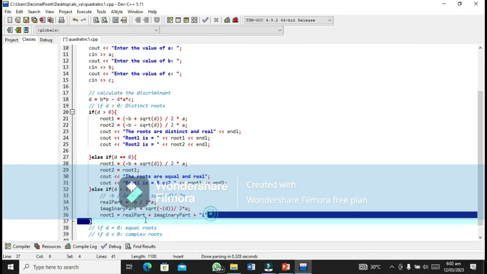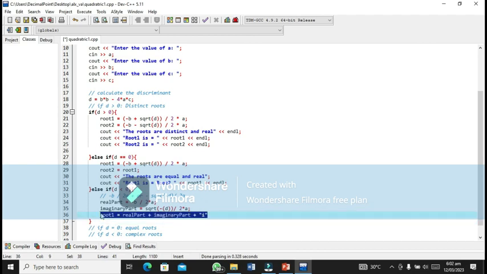So in order to avoid that, since we are not using it for any further calculation, we can just cout and say the roots are real and complex.